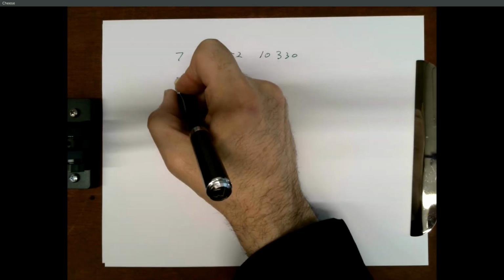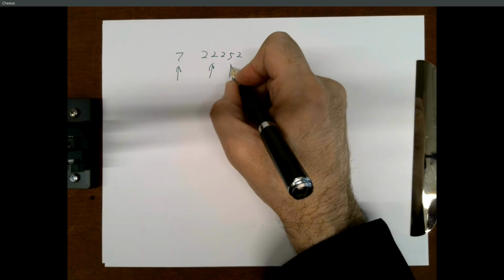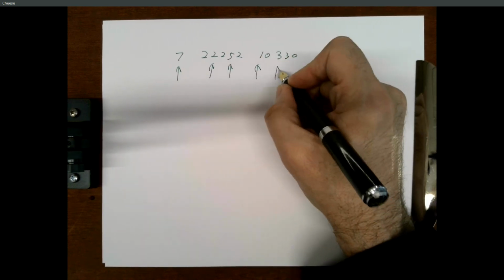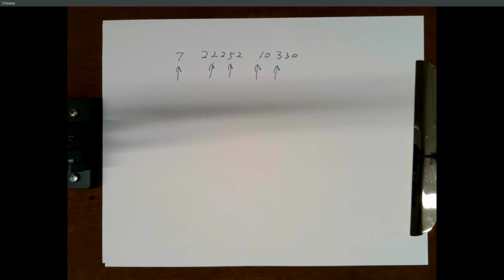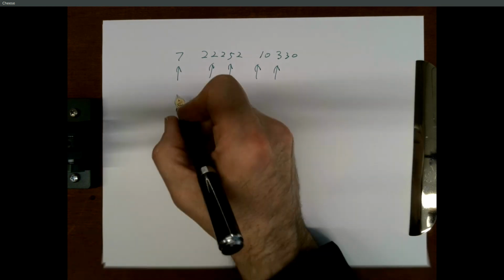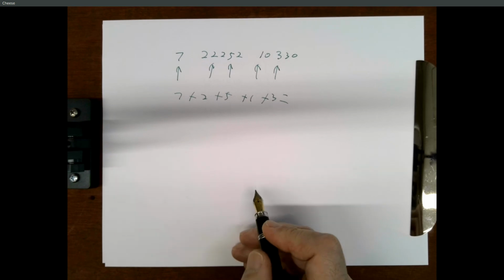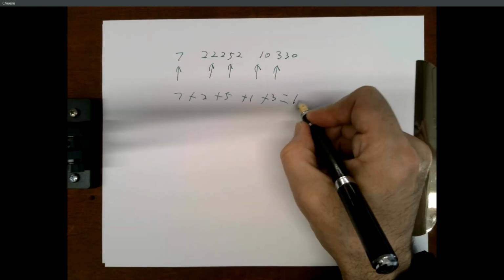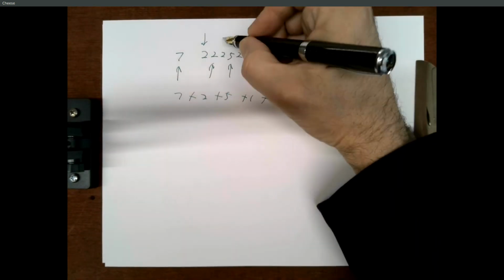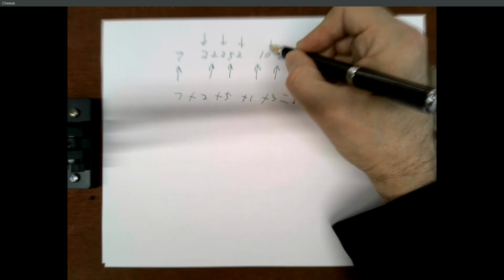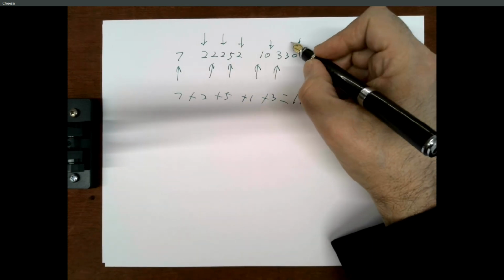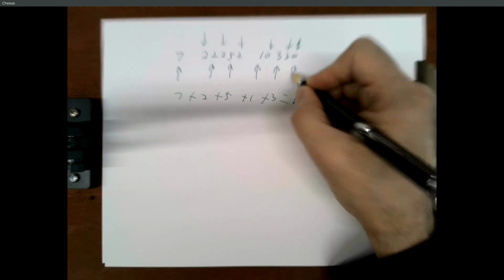So take your odd digit positions and add those together. So 7 plus 2 plus 5 plus 1 plus 3 is 10, 15, 17, that's 18. Take your even positions. I missed one.